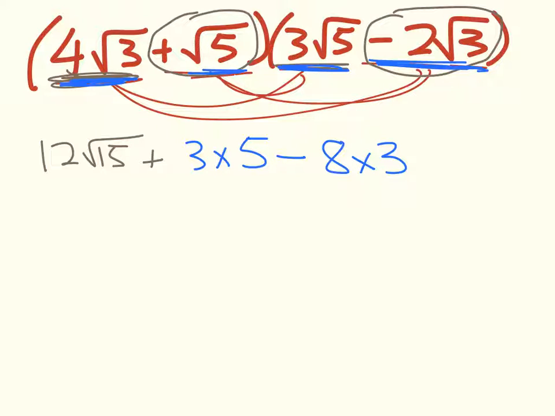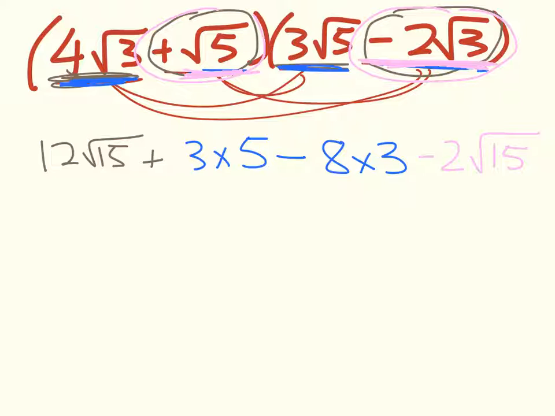Minus 2 root 15. So that's for this final term here, negative 2 root 3 times root 5.